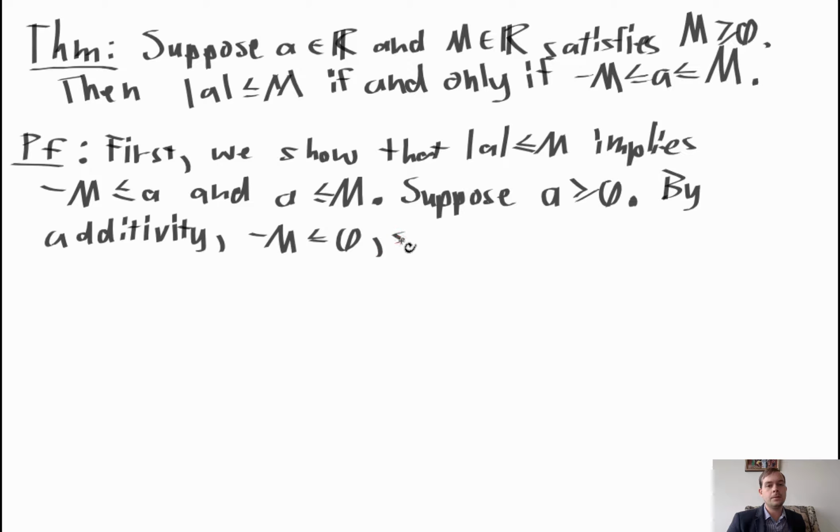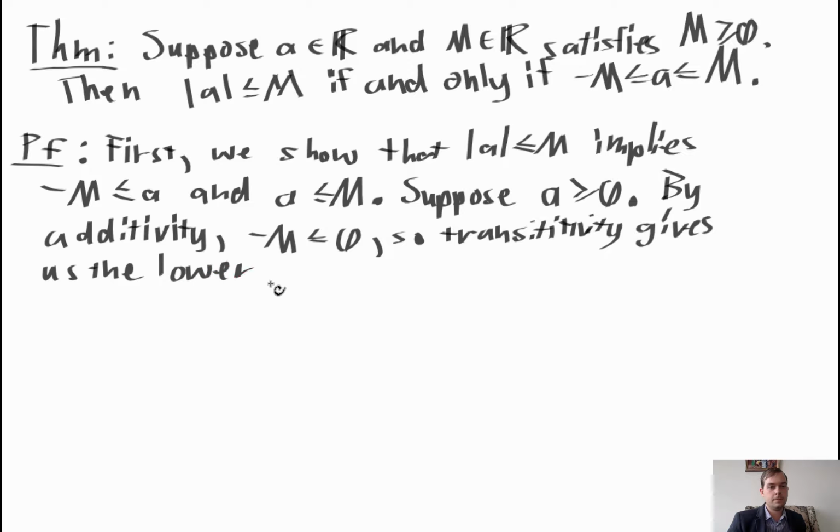And so transitivity gives us the upper bound, or sorry, the lower bound, minus m is less than or equal to a.